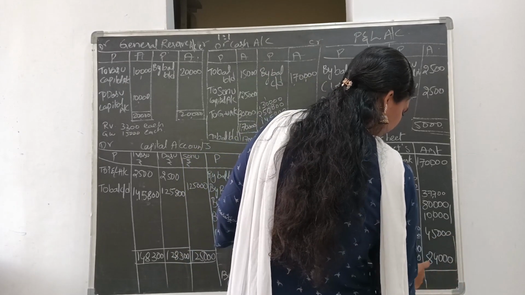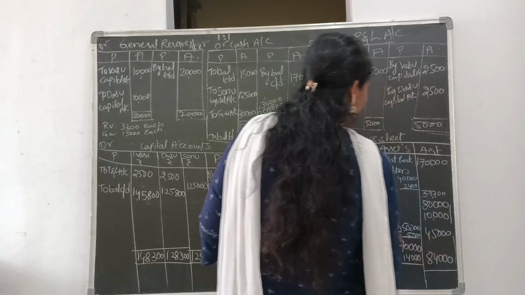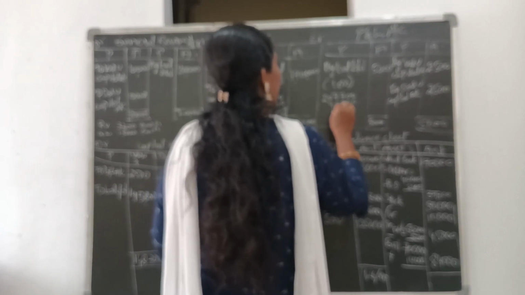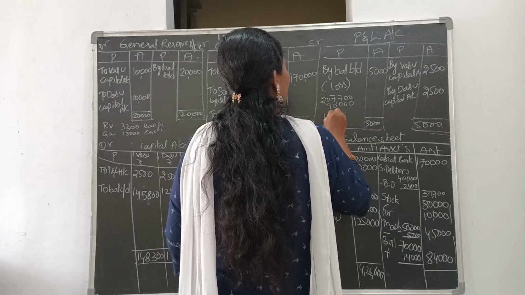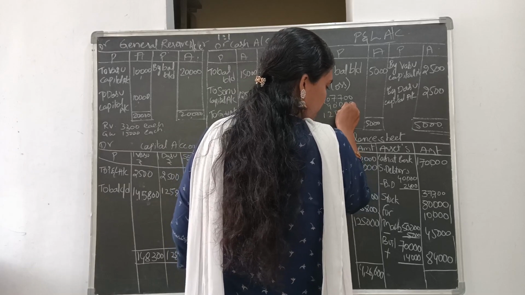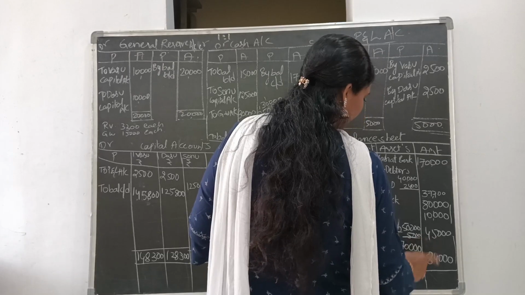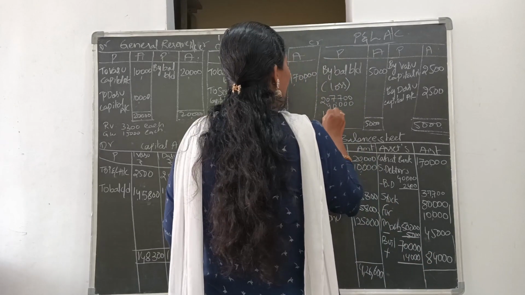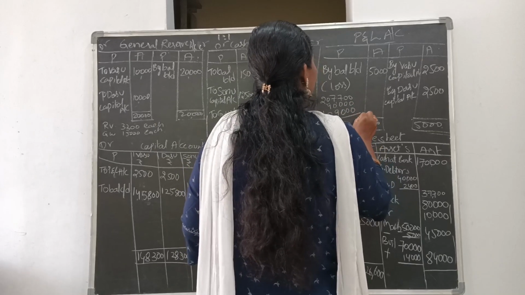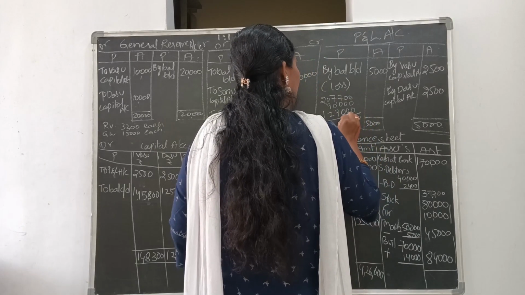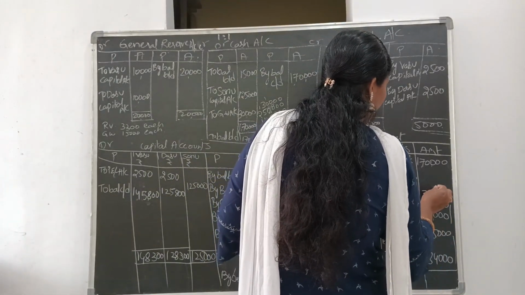Now these two, 1,20,000. Sorry, 1,29,000. Then 37,600.